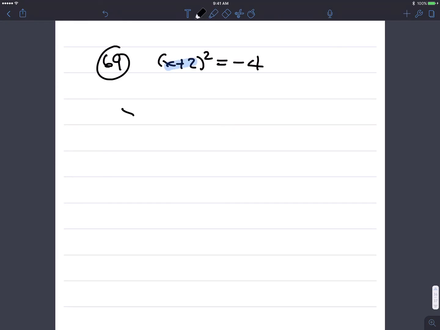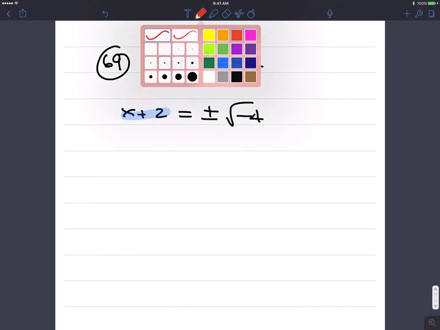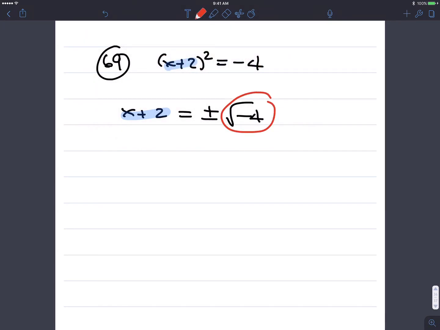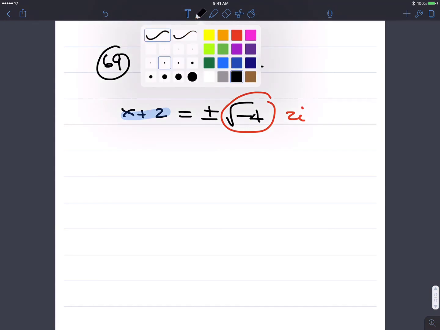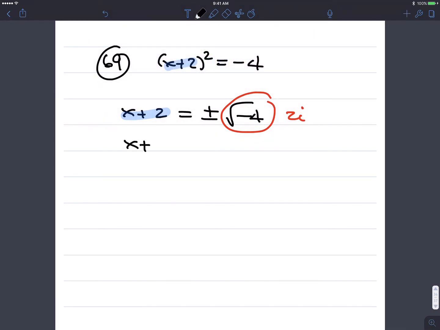So this will give me x plus 2 being plus or minus the square root of negative 4. Remember that, x plus 2 by the square root formula. The square root of negative 4 is 2i. So we get x plus 2 is plus or minus 2i.